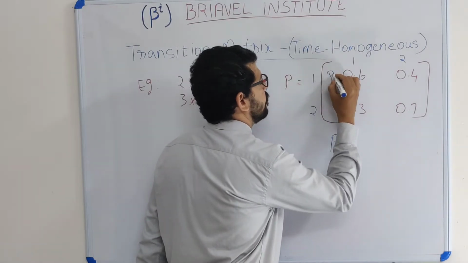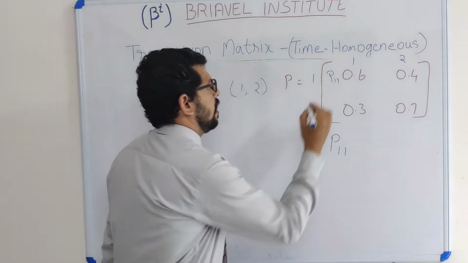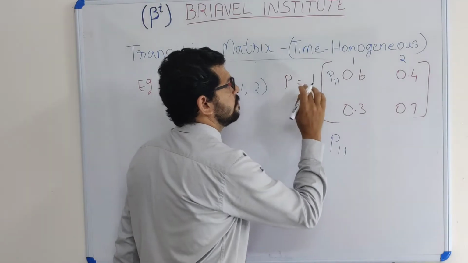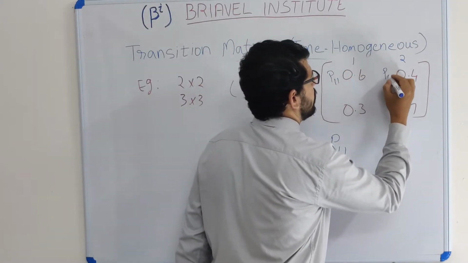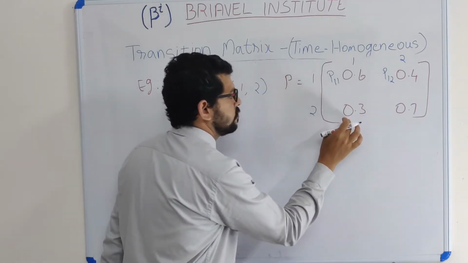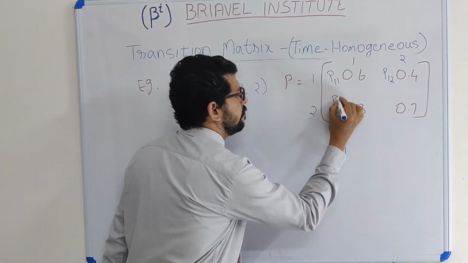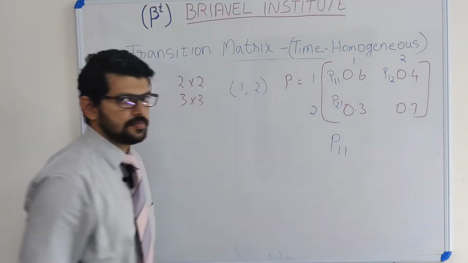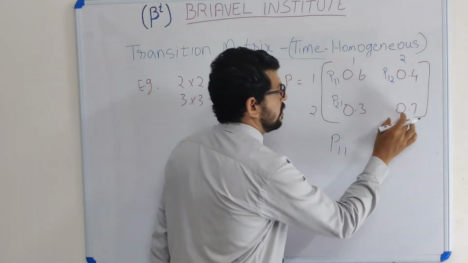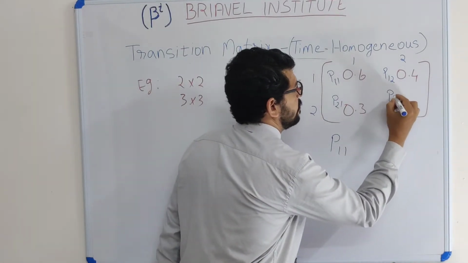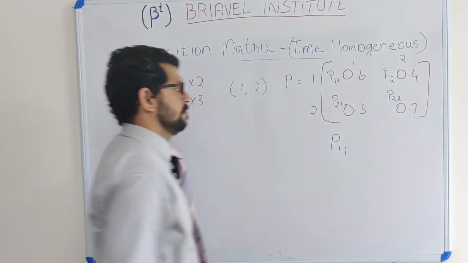So this one is P of 1 2. What will this value be? This value will be P of 2 1. Next, what will this value be? This value will be P of 2 2.